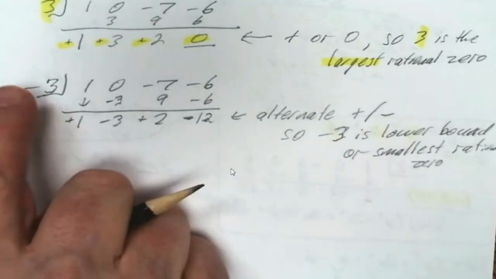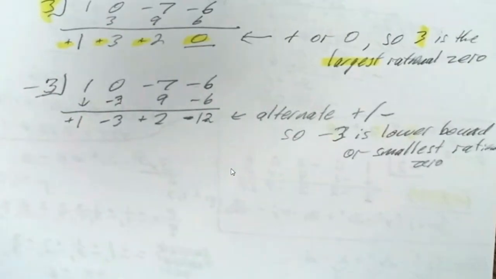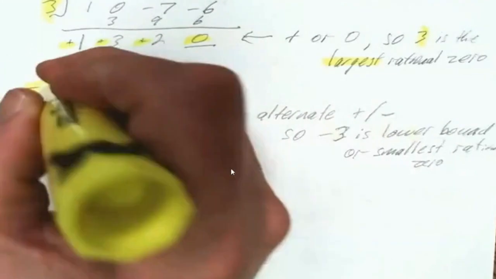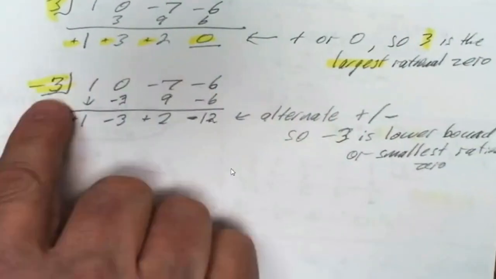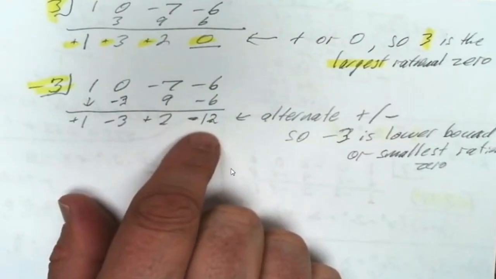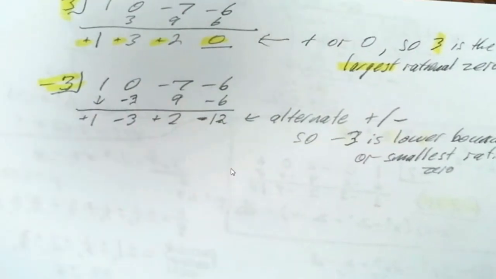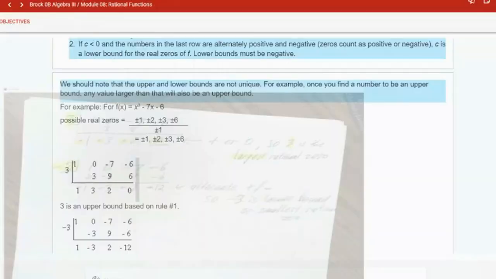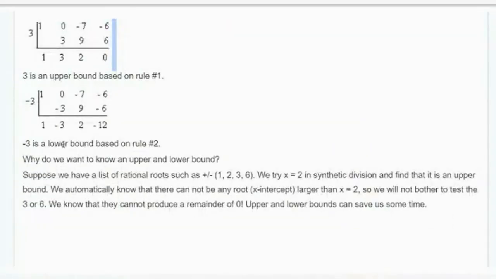There's nothing smaller than -3 guaranteed that could possibly be a rational zero. Now, in this case, -3 did not work. It's got a remainder, but there's nothing less than -3 on there. When we look at that, -3 is a lower bound based on rule number 2, positive, negative, positive, negative. But it's not a solution.